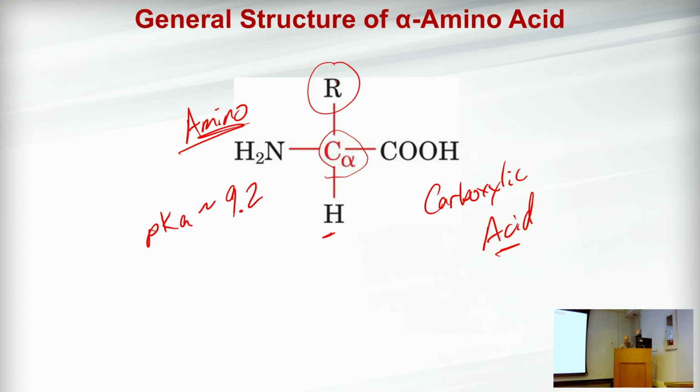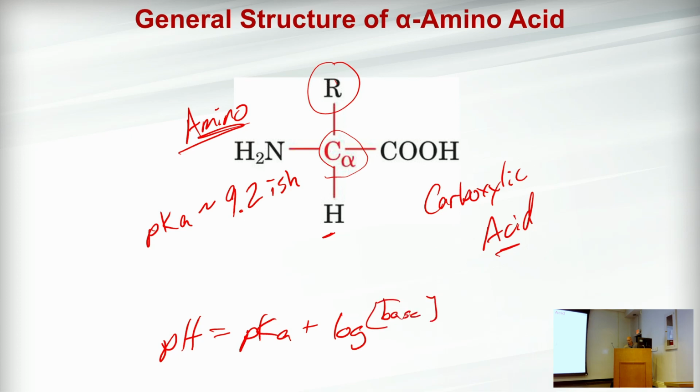Maybe it's about 9.2-ish. I'll use "ish" a lot because in a protein, things folded up around each other change pKa's. But what does pKa mean? We could go back to the Henderson-Hasselbalch equation. pH equals pKa plus log of the base over the acid.